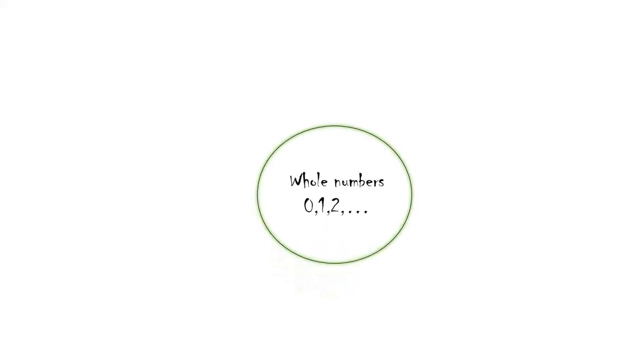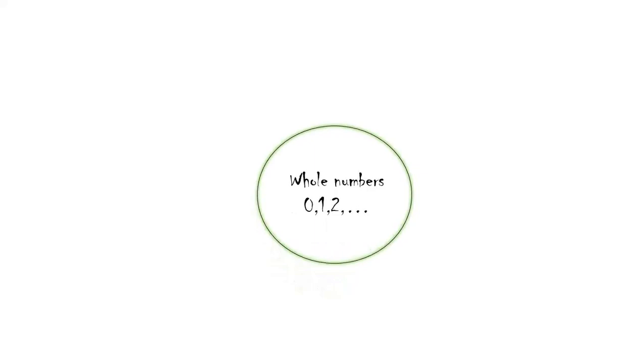Now you might be a little bit confused talking about integers, talking about rational numbers. So let's do a little graph to help you remember. The basic are the whole numbers.